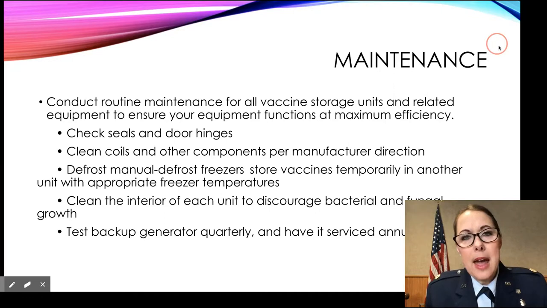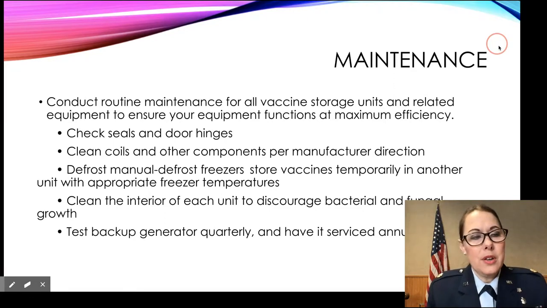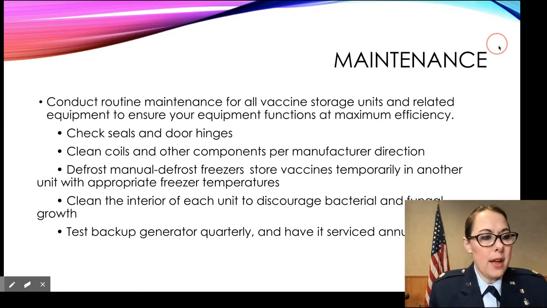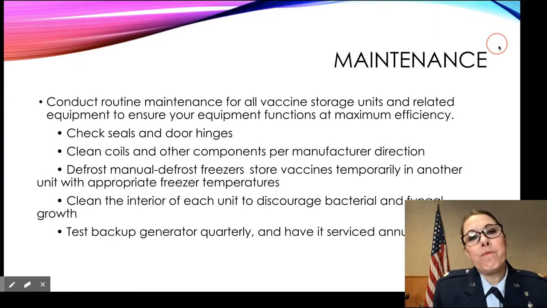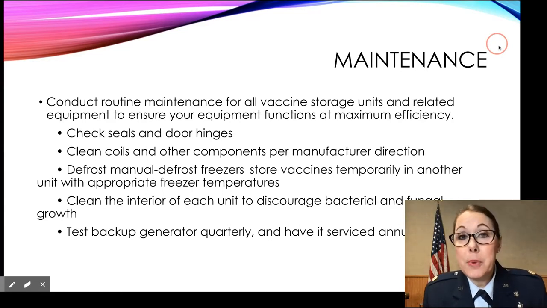Some of them have expiration dates where you can just use the same one that is on the vial. And sometimes the expiration date depends on when you open it. So that's called a beyond use date. For example, tuberculosis.